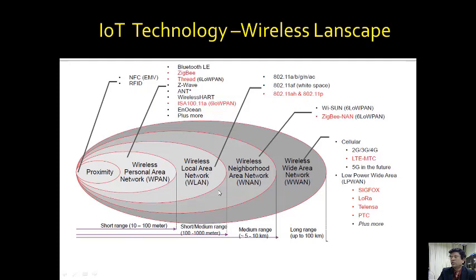And for each of the verticals we have separate technology depending upon how much energy they consume, depending on the protocol used and the data rate. So we will look at each of these wireless technologies in a later part of the course.